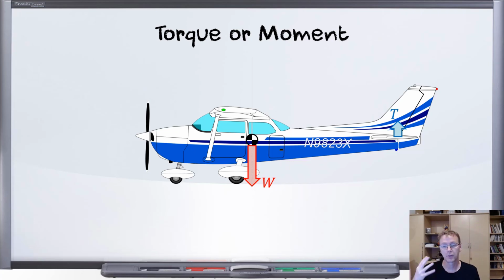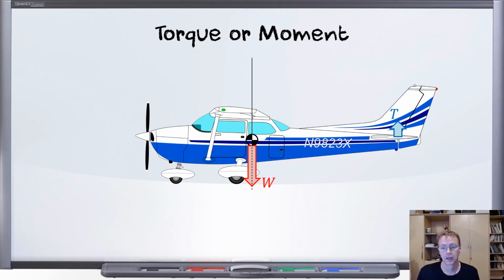We're going to balance them by zeroing out the torque, or another word for torque is moment of force. In aircraft engineering terms, we usually use the letter M for this, and that stands for moment. So I'm going to stick mostly with moment, but if you're more familiar with the word torque, it's the same thing.